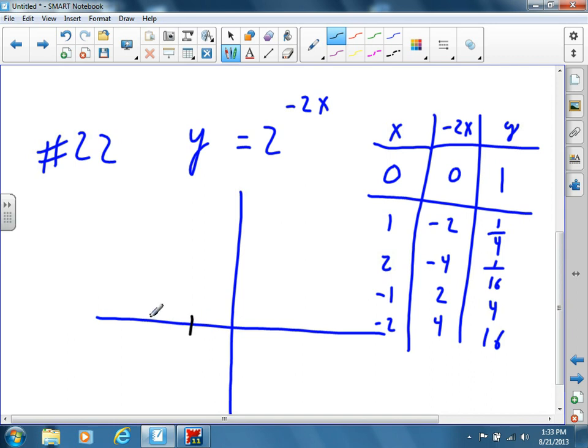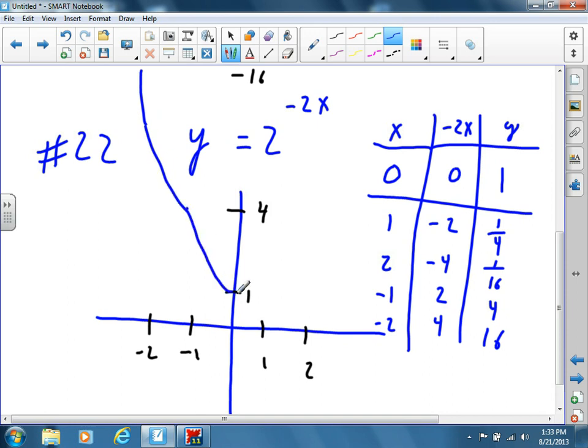So minus 2, minus 1, 1, 2. There's 1, there's 4, there's 16. All right, so I'm all set. I'm up here, I start coming down this way, I pass through here, I make it to there, and then I make it down to there.